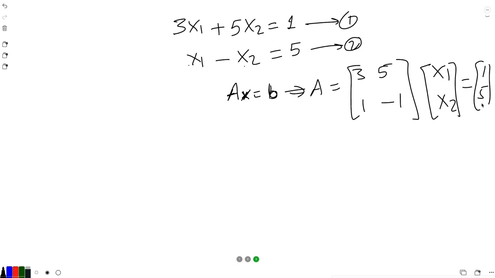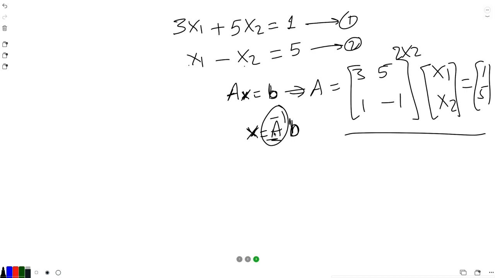However, there are some conditions for this solution to exist. For example, here we can say that x equals A inverse times b, and in that case we have the conditions for A inverse. We already mentioned the important condition for A inverse to exist: A must be non-singular, or in other words, the rank of the matrix A should be full rank. Here we have 2 by 2, so the rank of A must be 2 in order for A inverse to exist.